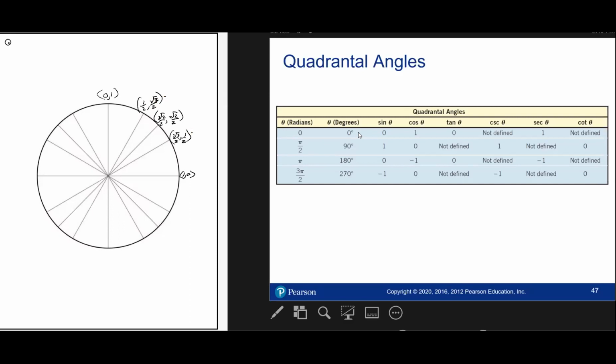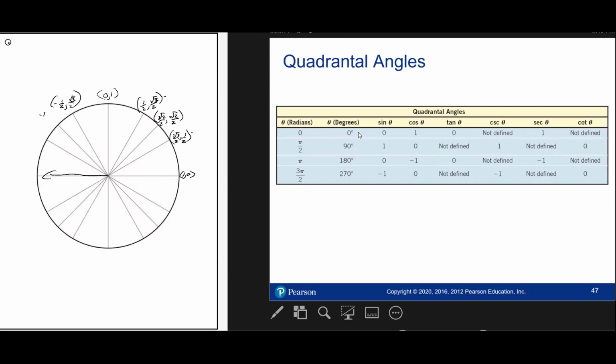And this one starts these again in the reverse order than they are here. So this is going to be 1/2, square root of 3 over 2, but the x values are negative over here, so that's a negative 1/2, square root of 3.